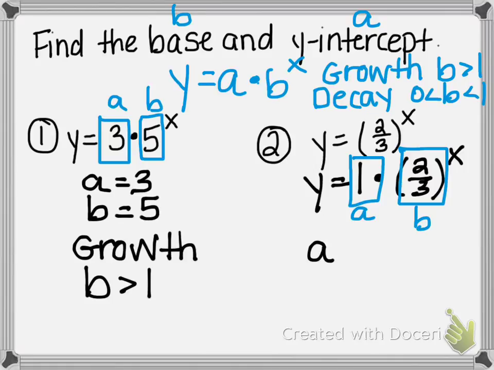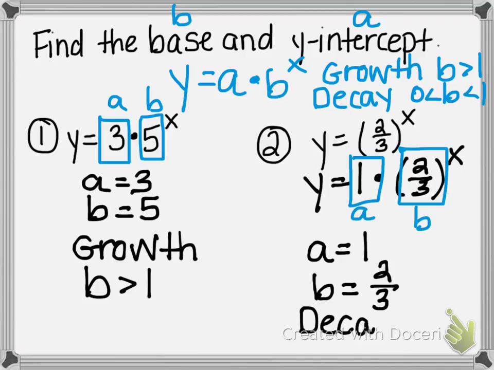So when I look at this, I know that a equals 1, so my y-intercept is 1, and my b is 2/3. And then, of course, 2/3, you need to be able to tell me that the problem is decay. And the reason that it's decay is because your b value is between 0 and 1.